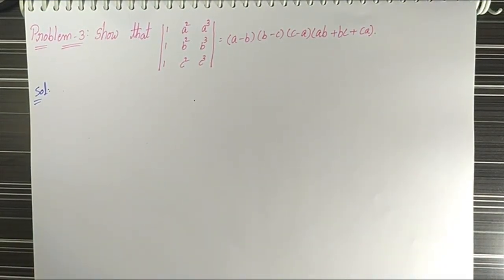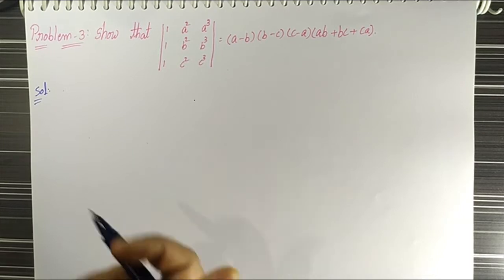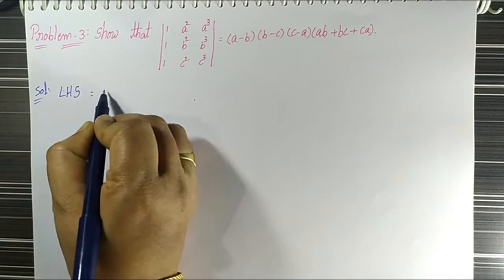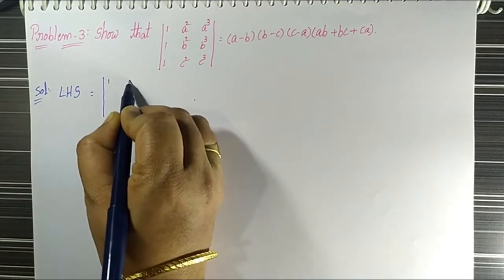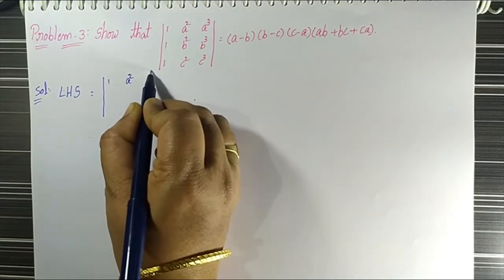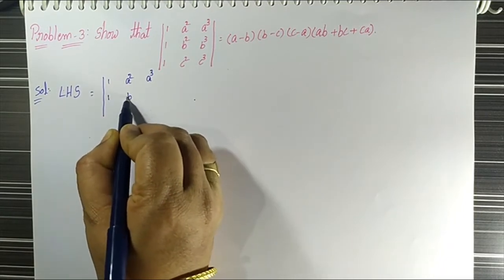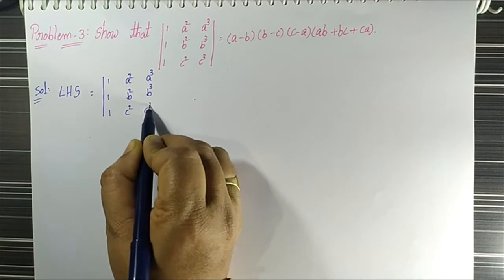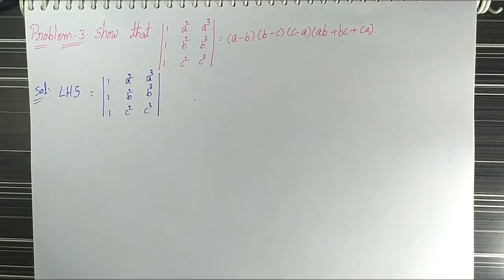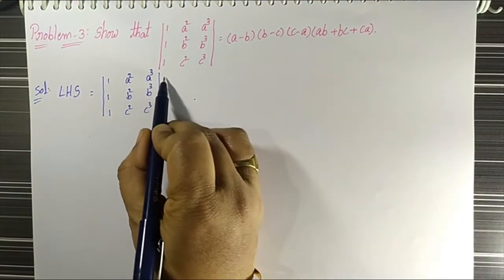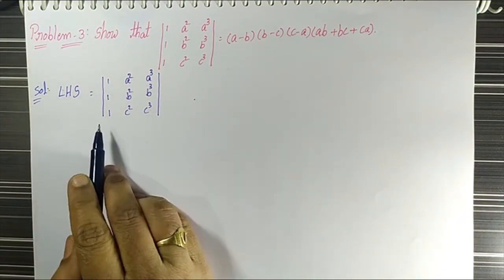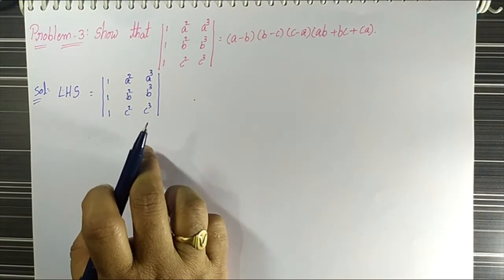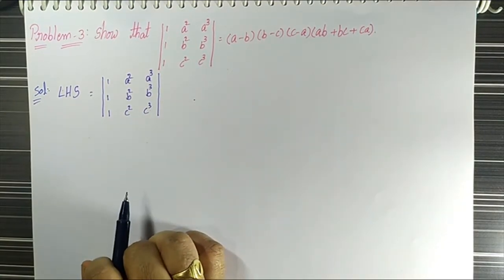This problem is also solved by using operations. First take the LHS. LHS equals the determinant |1 a² a³; 1 b² b³; 1 c² c³|. Here we have R1, R2, R3 and C1, C2, C3. We have to use row operations.